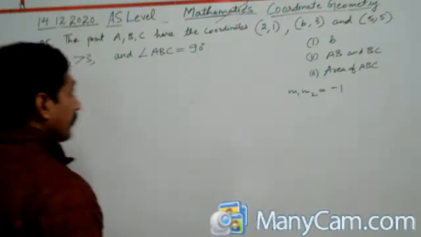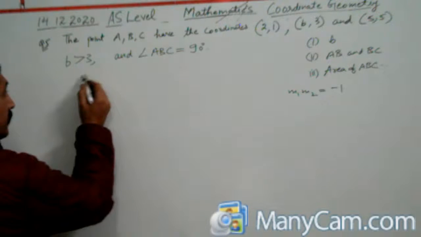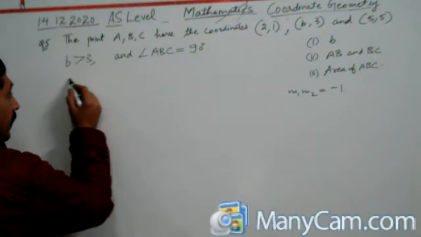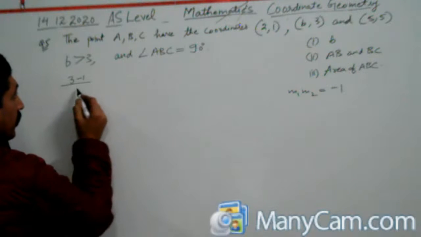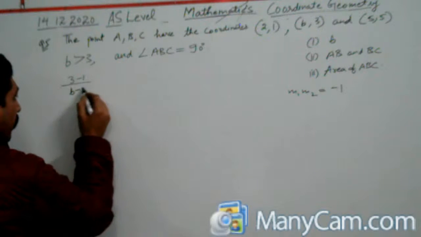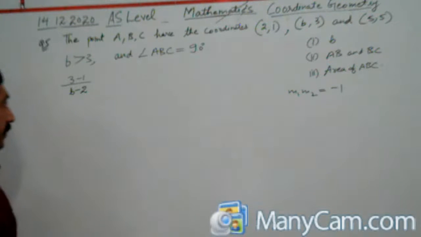Slope m1 is 3 minus 1 upon b minus 2, right?